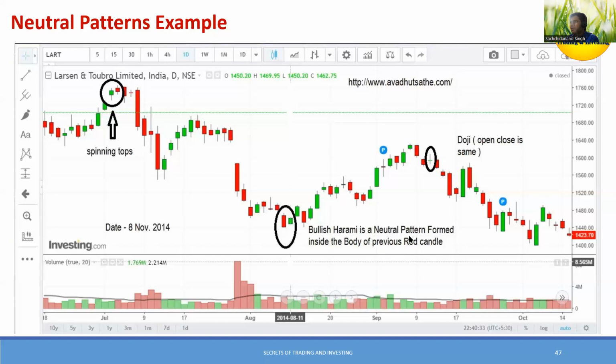In this situation, there is a red candle, basically the bearish candle, and the green candle formation is happening in the middle of this red candle. That kind of candlestick pattern is called a bullish harami. It is a very rare formation, but when it is formed and how to use it while trading or doing the analysis, we are going to learn when we do the application of these candles.